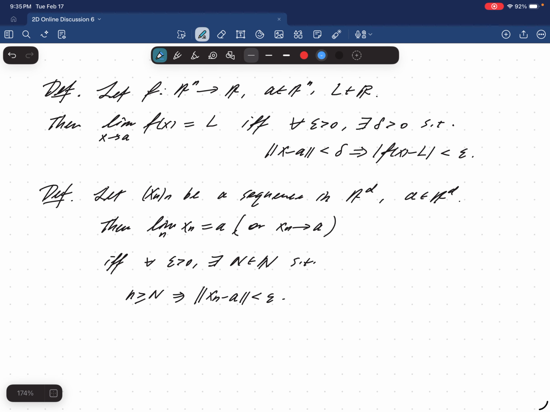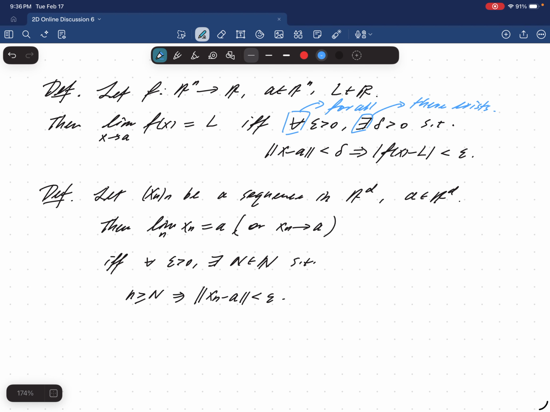This symbol means for all, and this symbol means there exists. These are just shorthand notations of these words.